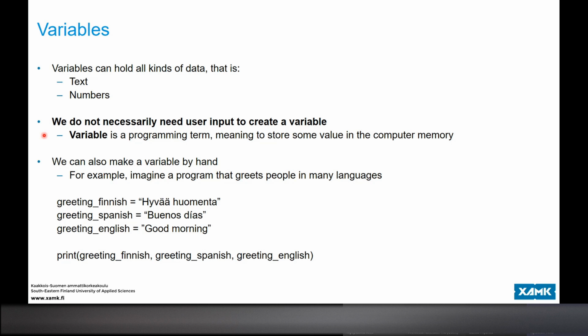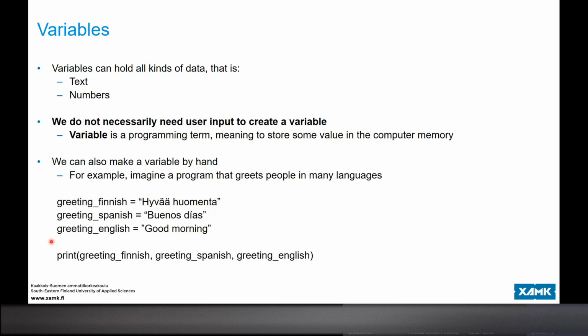Well, anyway, the variable is a programming term that means to store some value in the computer's memory. Actually, you're storing the values into the computer's memory, but you're also giving them a name. And using that name later on, you can reference that value in your code. And then we had this example here that, for example, imagine this program that greets people in many languages.